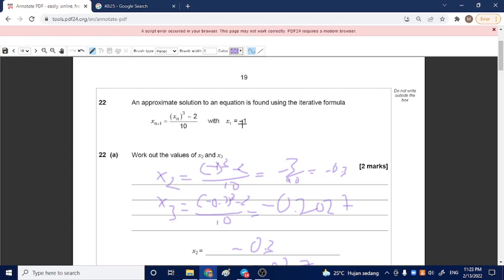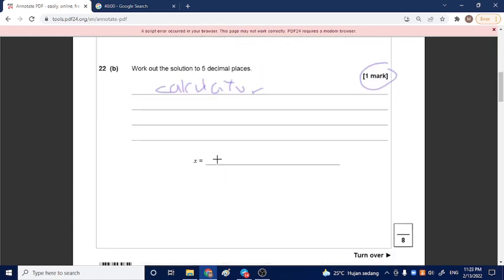Now the answer variable is minus 1, so we can just do Ans cubed minus 2 over 10, and smash the equal button until we reach a number that doesn't change.